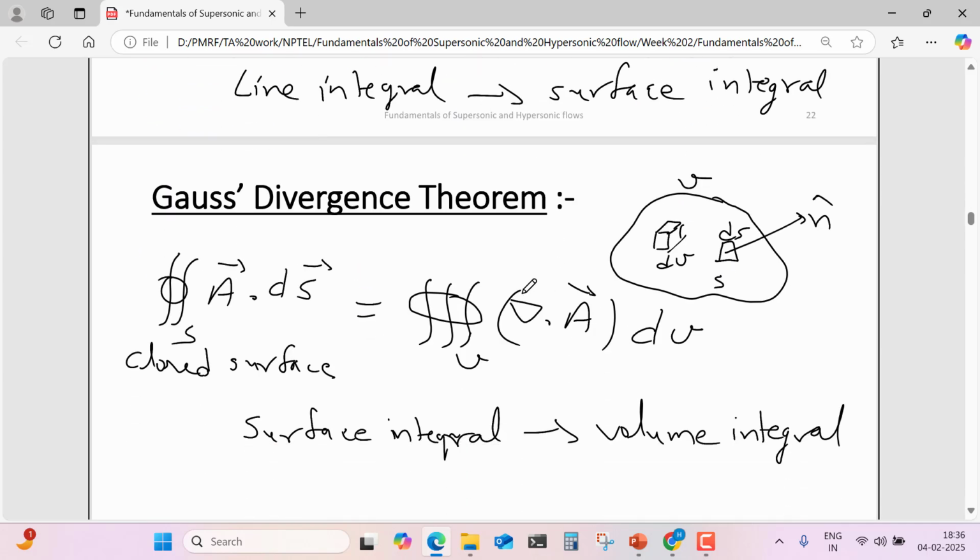Second theorem is Gauss divergence theorem. This theorem is for converting surface integral to volume integral.